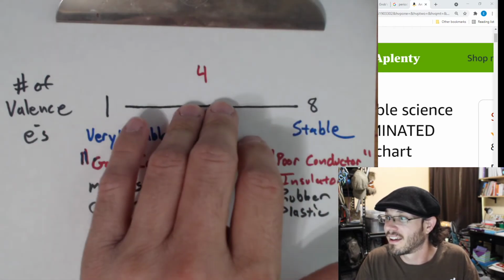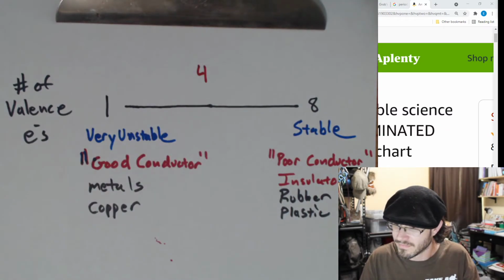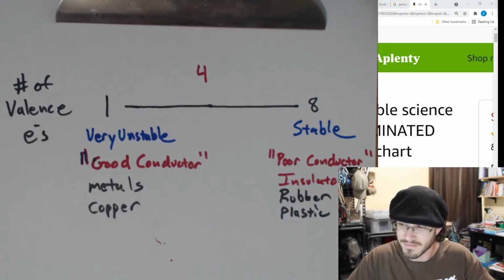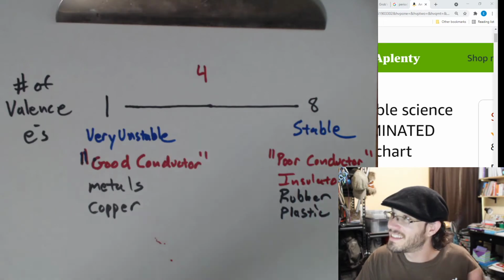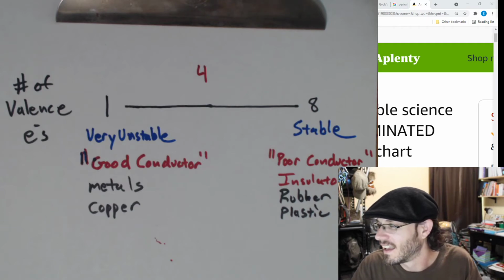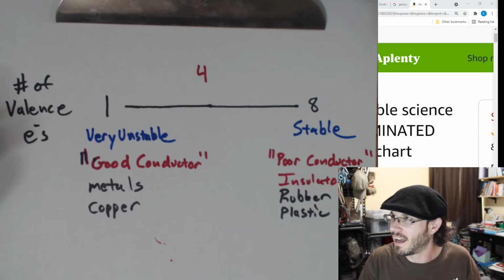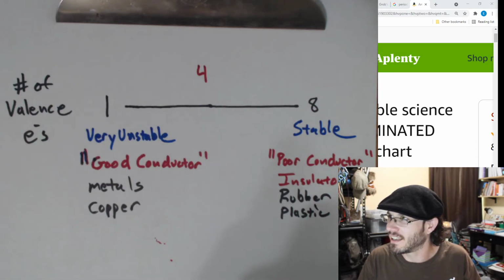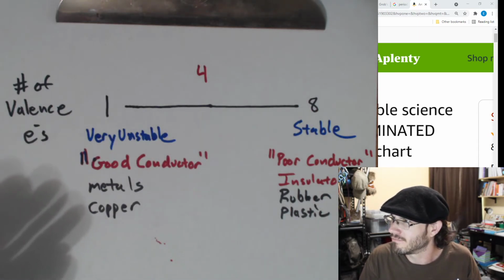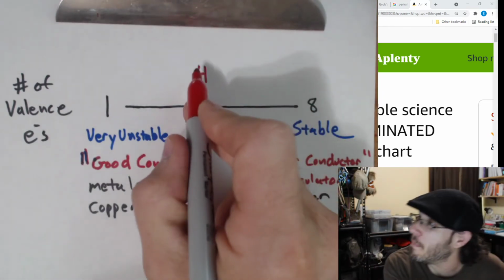I'm a semiconductor, right? I'm not bitter chocolate. I'm not sweet chocolate. I'm semi-chocolate. Wait, semi-sweet. That's what I meant. Okay, semiconductor.